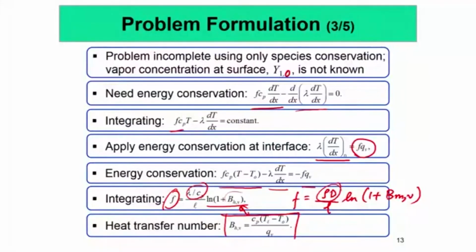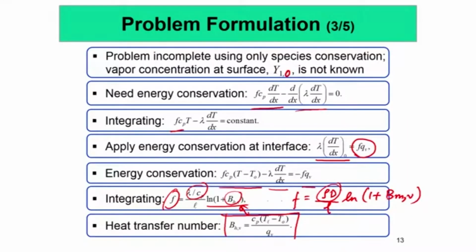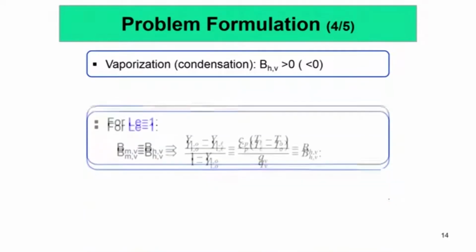Then, if the Lewis number is equal to 1, these two become the same, and these two F are the same, and both represent the mass flux of water vapor that is escaping the interface. Then this log can be equated, and for this to be equated, the mass transfer number and the heat transfer number have to be the same.